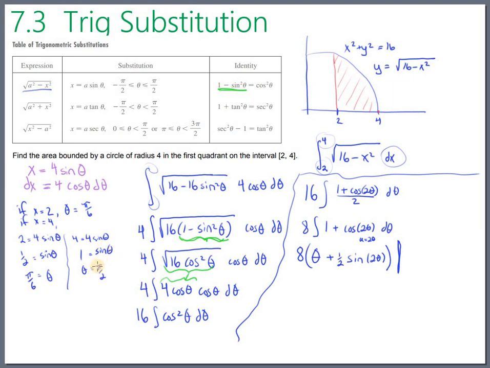You might need to review your unit circle to get those. So if x is 4, then theta is pi over 2. So our limits of integration are now pi over 6 to pi over 2. And we just need to plug those in.